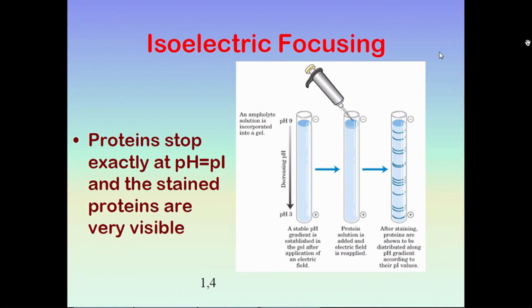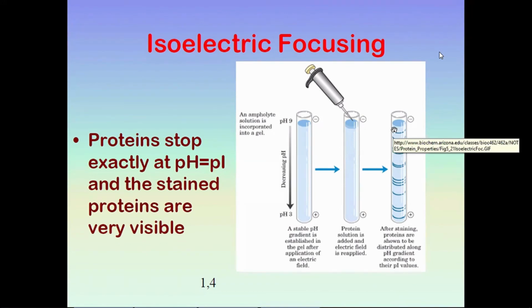And then we put our protein from the top, and then we run electricity, negative at the top, positive at the bottom, and then our protein will run. And our protein will stay at the pH where the charge is 0. For example, a protein near the top, where the pH is around 9, has an isoelectric point of 9. That means at pH 9, its charge is 0.